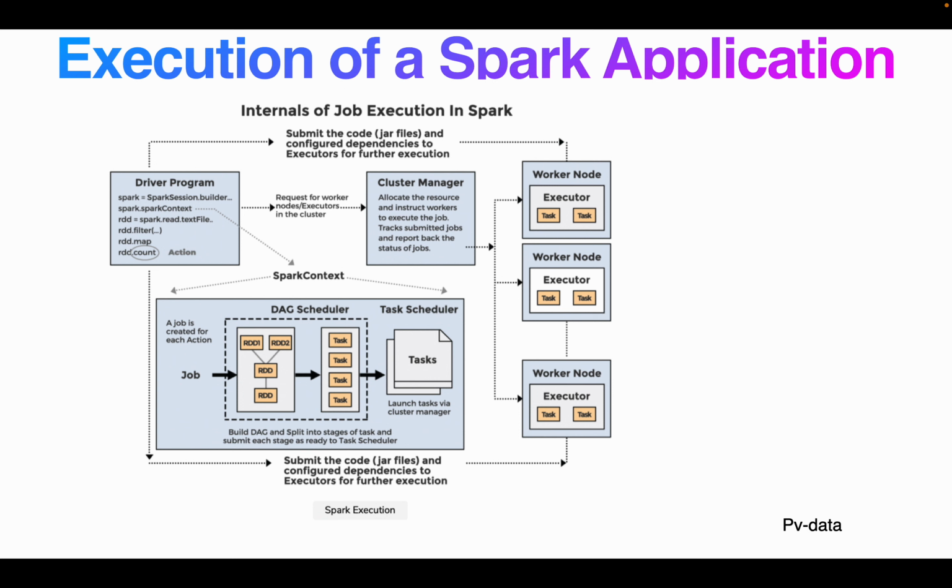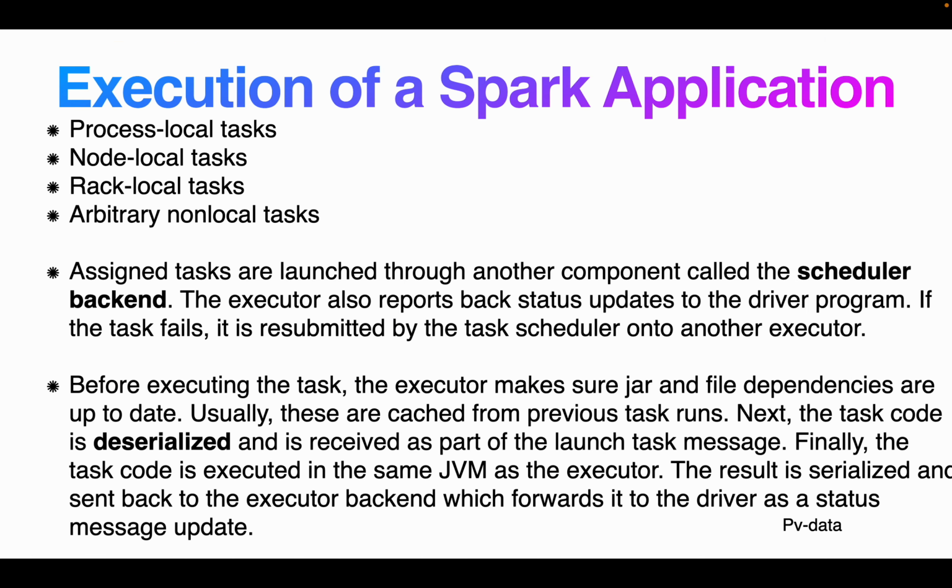When Spark is there, the driver will make the DAG scheduler. The DAG scheduler first creates the RDD, then the RDD is converted into tasks, and the task scheduler then launches them, and based on the preference it will execute.